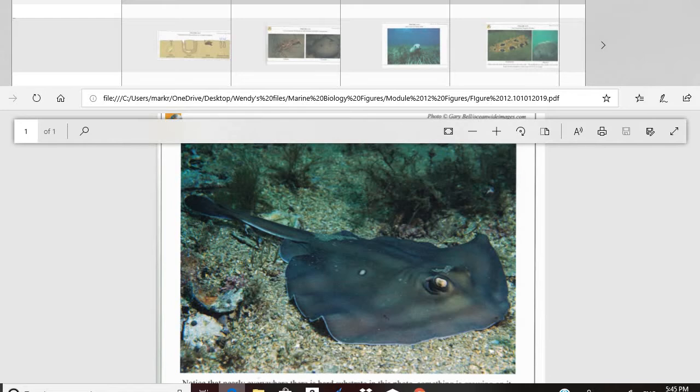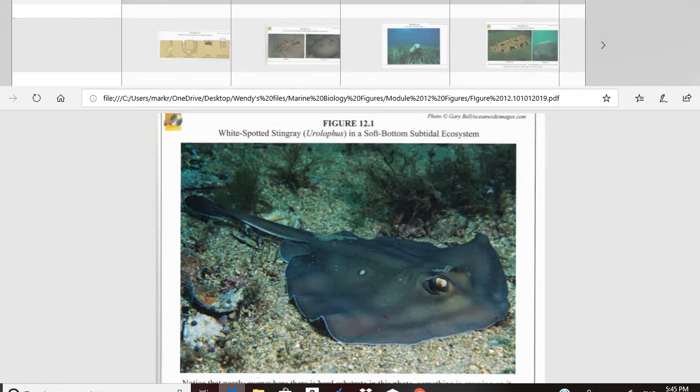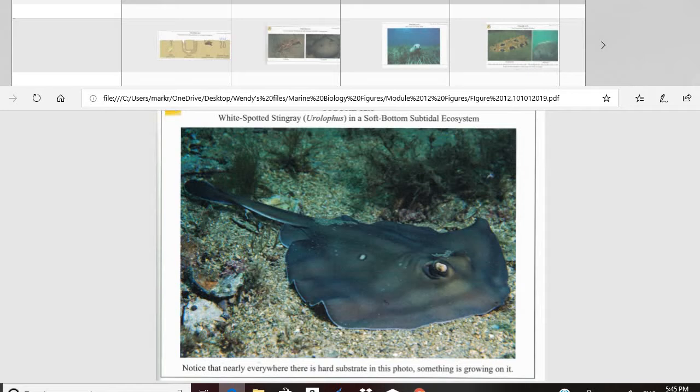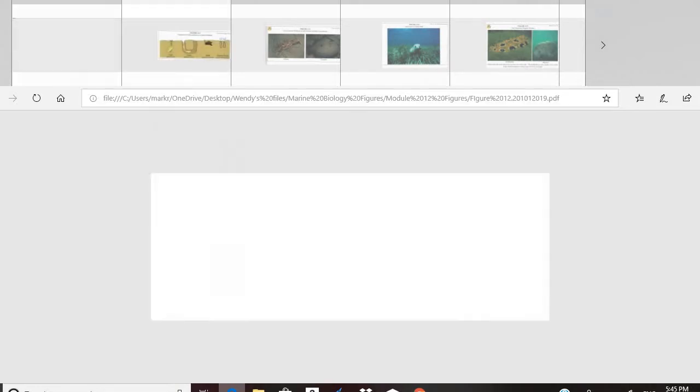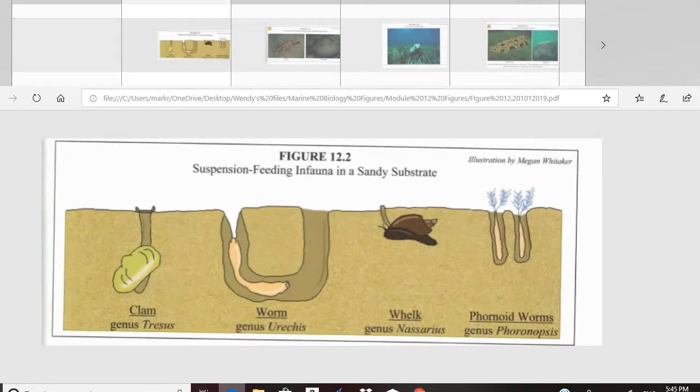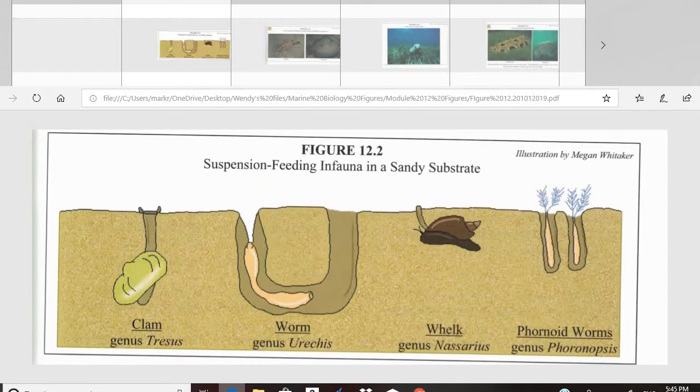So here's a soft bottom habitat, and as we said, one of the organisms that will live on the bottom is a stingray. So you can see that there. These are organisms that might live in a sandy substrate, so they're able to burrow down into the sand, and sand is larger particles than mud.